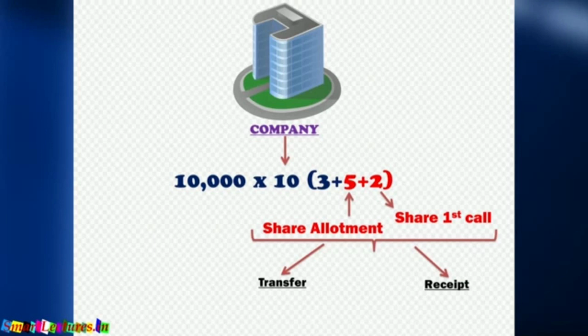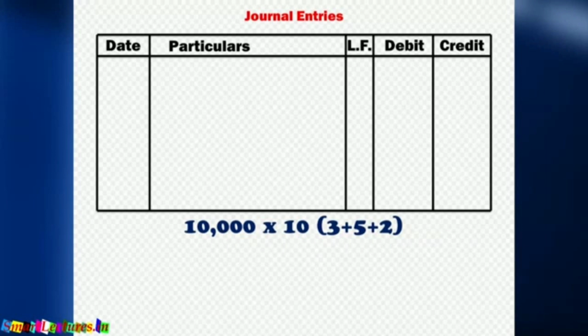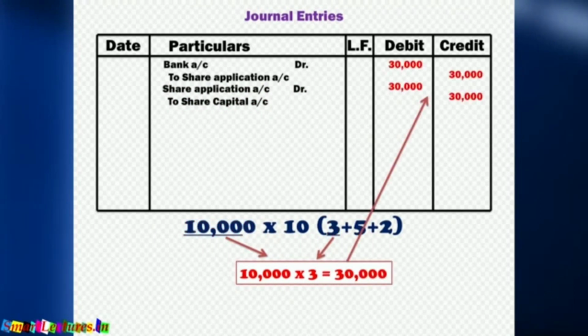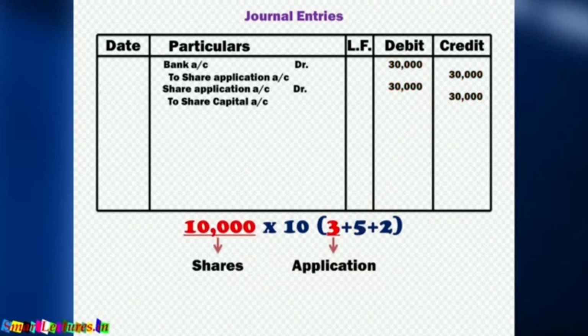So in this situation, at the time of application, first receipt entry was passed and then transfer. Now let's move to allotment. First transfer entry and then receipt entry. So share allotment account debit to share capital account, bank account debit to share allotment account. And the amounts will be 10,000 into 5, 50,000 rupees for both of them.